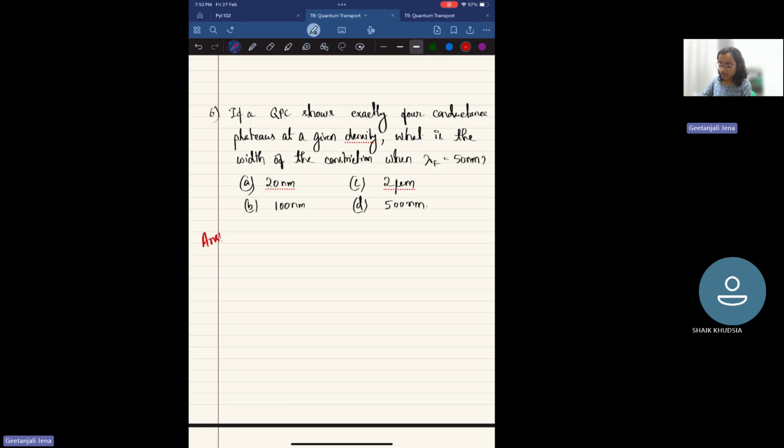Question number 6. A QPC shows exactly 4 conductance plateaus at a given density. What is the width of this constriction when lambda F is 50 nanometer? QPC means quantum point contact, which I have written for short.